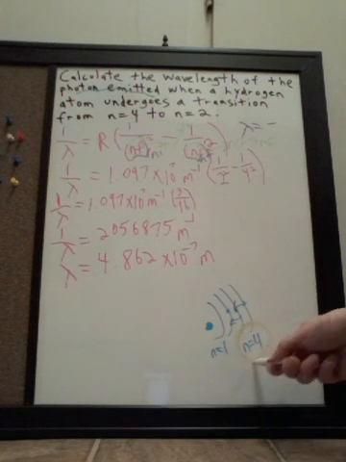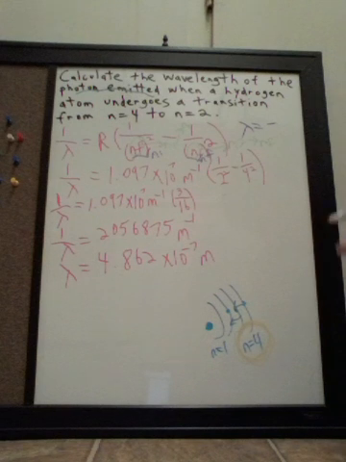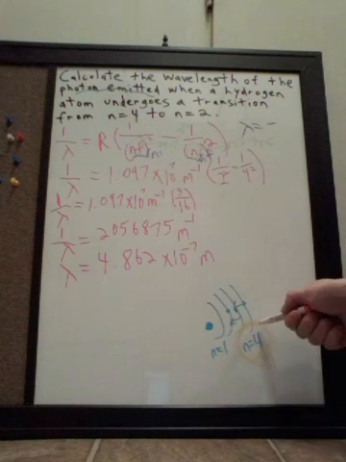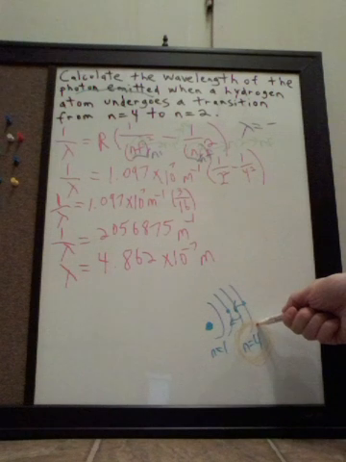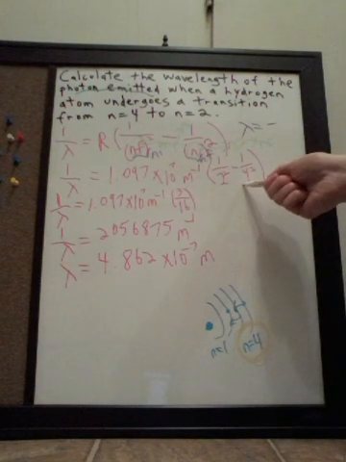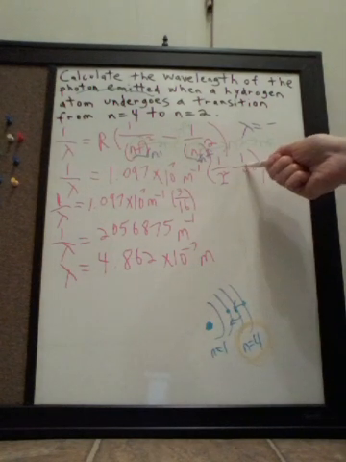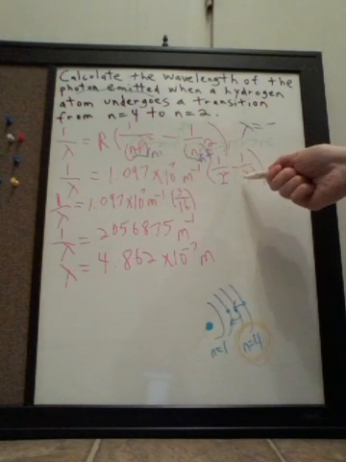When it says from n equals 4, that is initial, right? And so that's what we wrote here, is the 4, right?